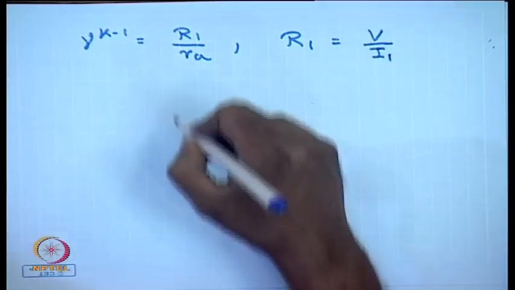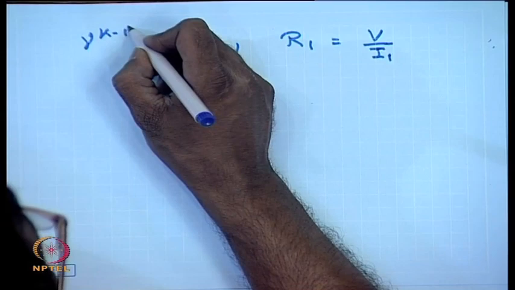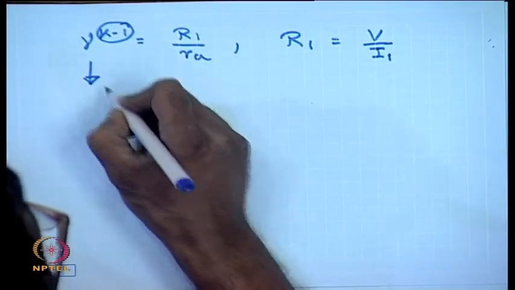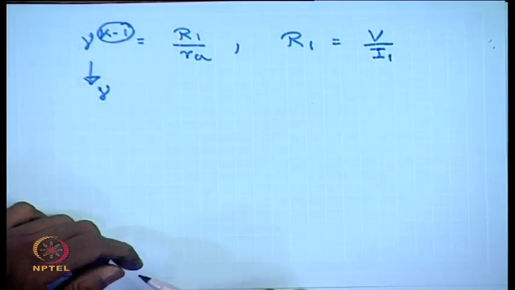So, the maximum current will be specified and the number of steps k minus 1 will be specified, from which we have to first find out what should be gamma and then proceed in the same manner to calculate the different starting resistance sections. Thank you.